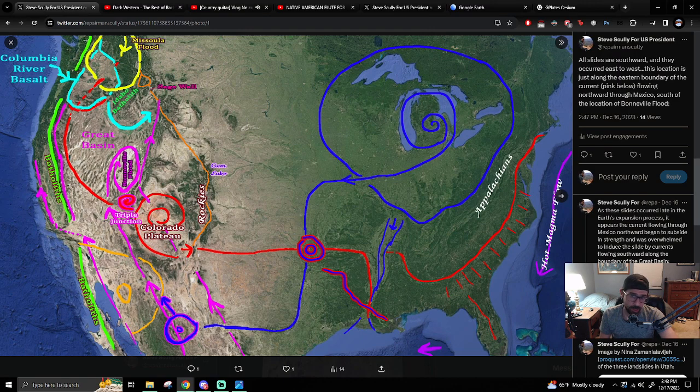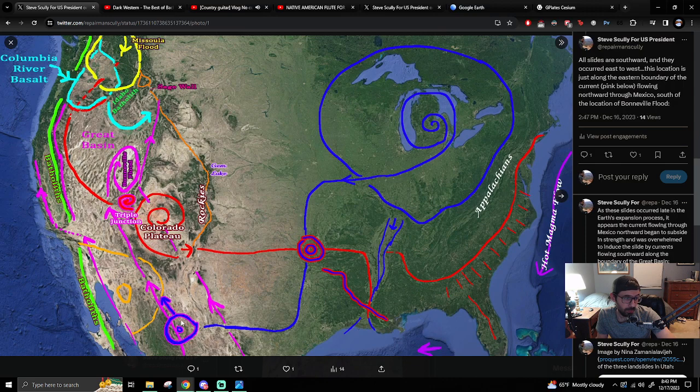This location is just along the eastern boundary of the current, the pink current below, flowing northward through Mexico, south of the location of Bonneville flood. So I've just generally said a current is flowing up at this width and generally going up into this region where it interacts with this current from up here.